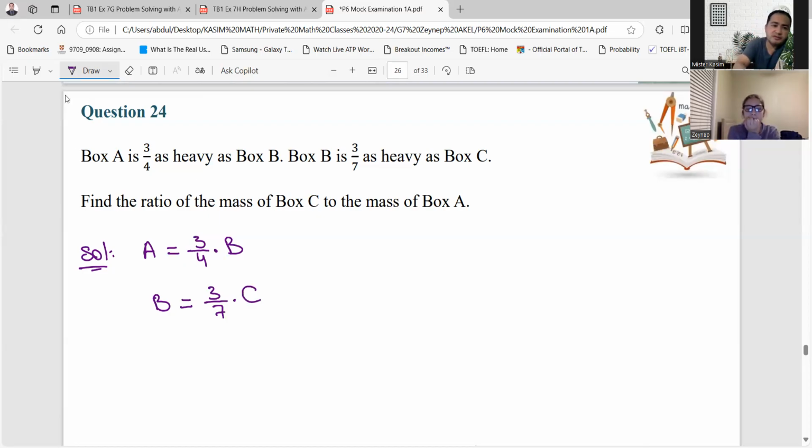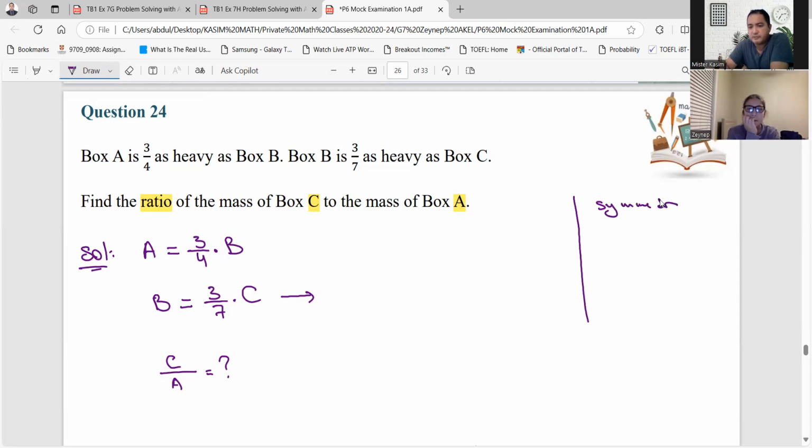What is the question here? The question is asking what is the ratio of the mass of box C to box A? So we have to find C over A. What do you think? Can you find this? From the second equation, we have the symmetric property.